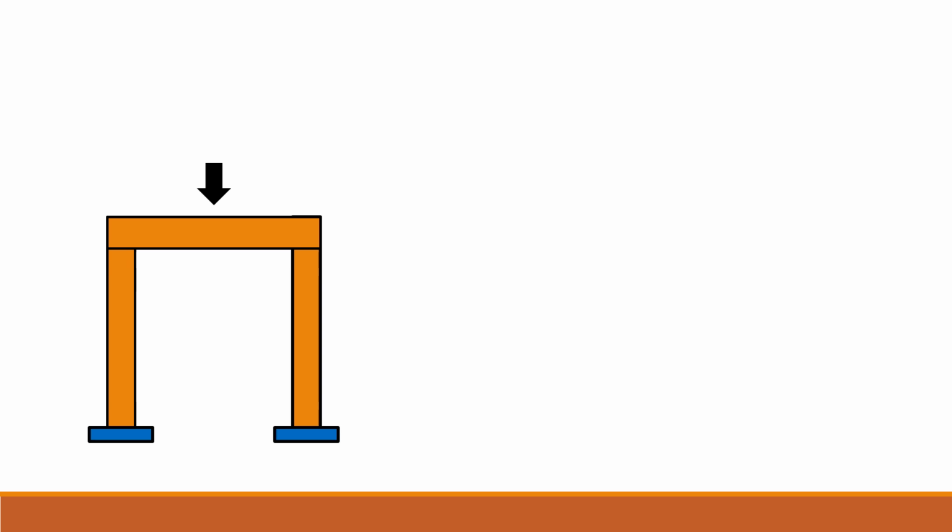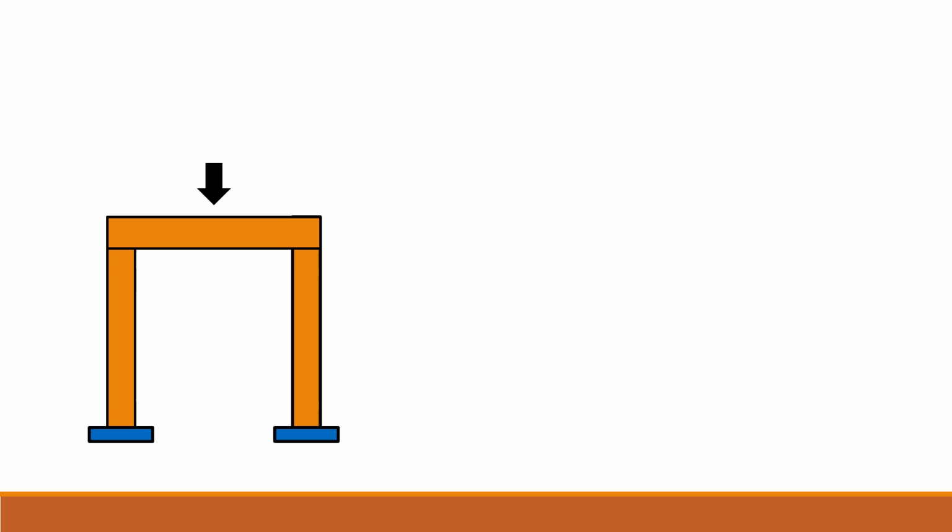Before we go into the ductility approach of structures, let us recall about the strength approach of structures. In the strength approach of design of structures, if there is a plane frame element as given here and it's under load, for example, the load is the vertical load acting on the structure or the gravity load.